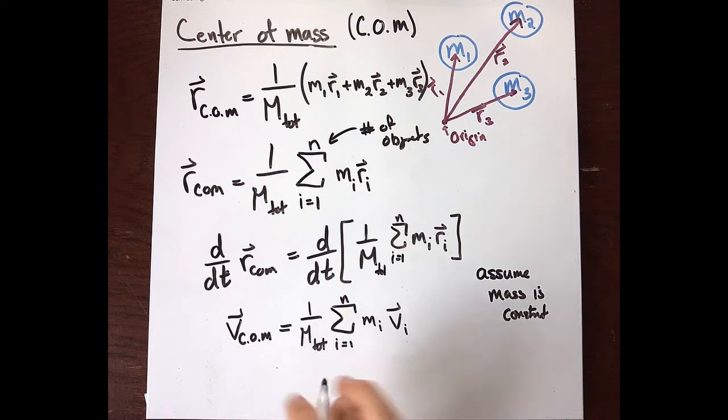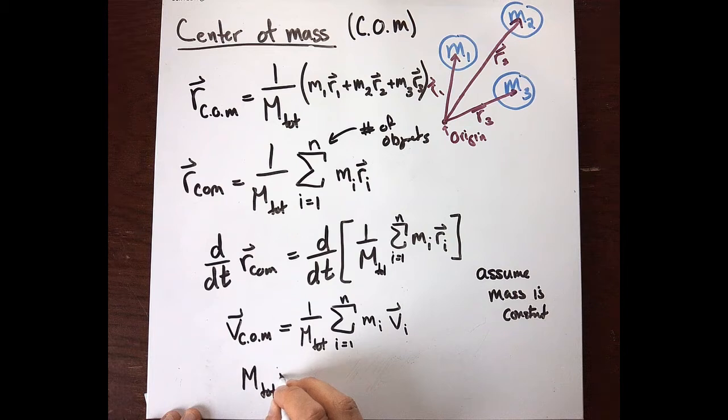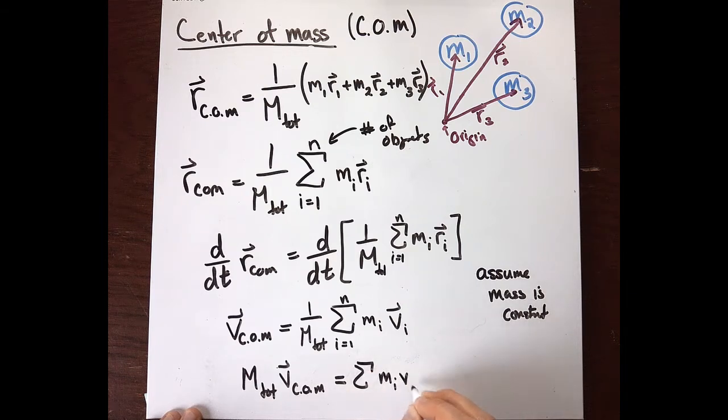Now if I multiply by the total mass on each side, I'll have my total mass times my center of mass velocity equals the sum of all my individual masses times all the individual velocities. And this again is an idea that we've already been using because this is the sum of all the individual momentums.